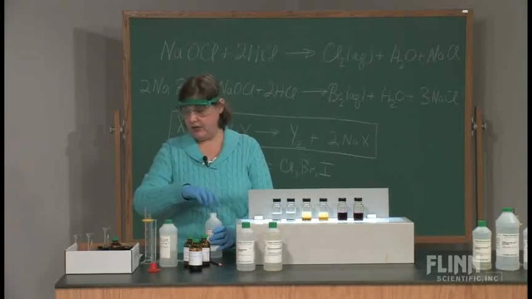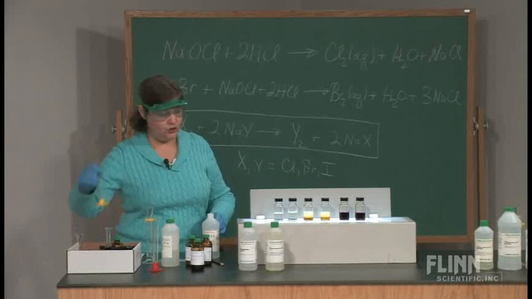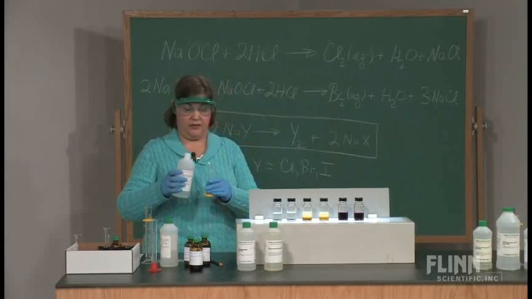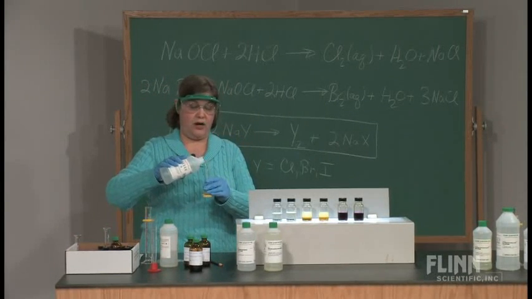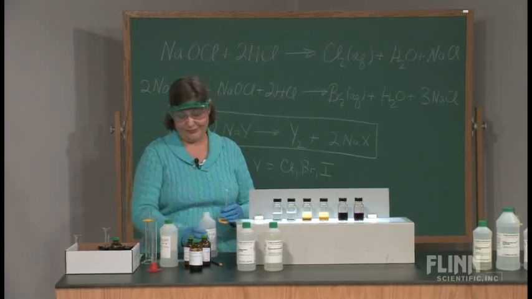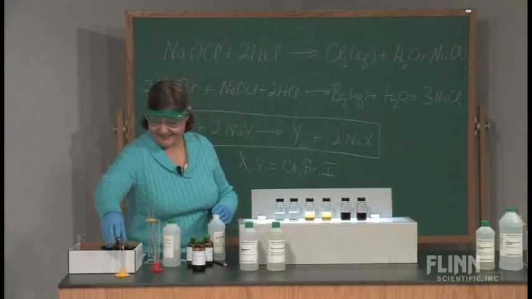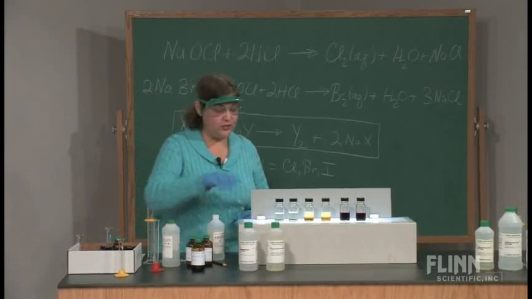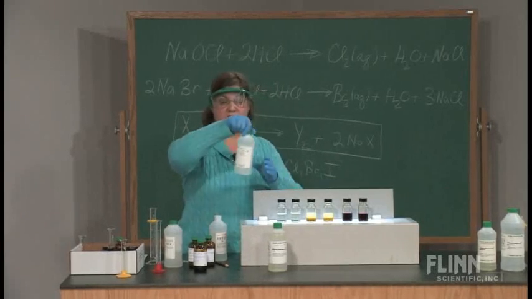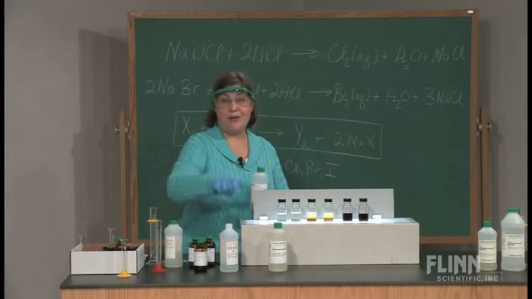So again, I'm going to measure the first one and then I'll add approximately the same volume. This is sodium chloride. Actually, I don't want sodium chloride. For the first one, chlorine, I want to use sodium bromide and sodium iodide.